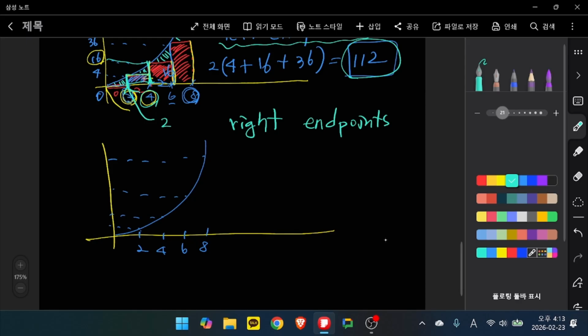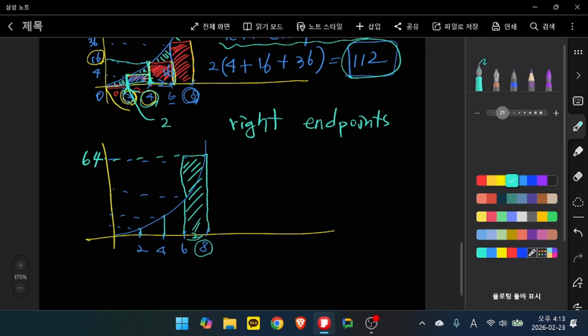If I use the right endpoint, for example, I will begin at x equals 8. So for this rectangle, if I use the right endpoint, the height will be 64.